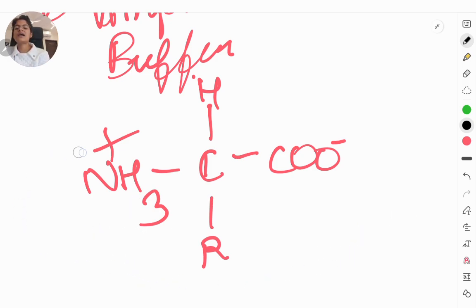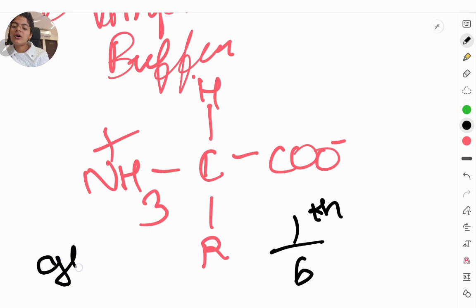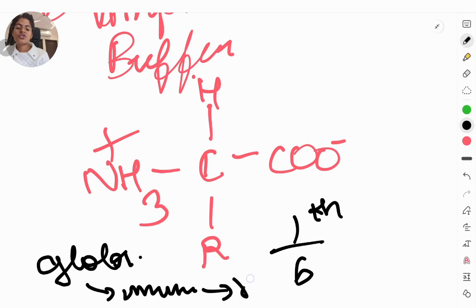So neutralizing things is what our aim is. So this is accomplished by it, and 1/6 of the buffering capacity of the blood is contributed by the plasma protein. Also, we know that we have globulin along with it. Globulin is responsible for immune responses, especially the gamma globulin, which produces antibody.